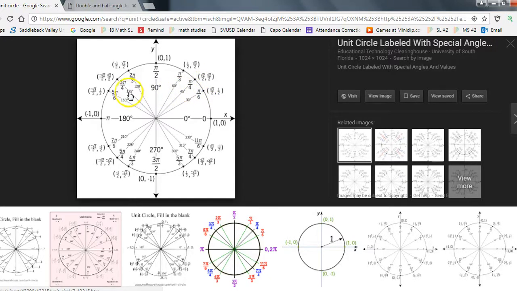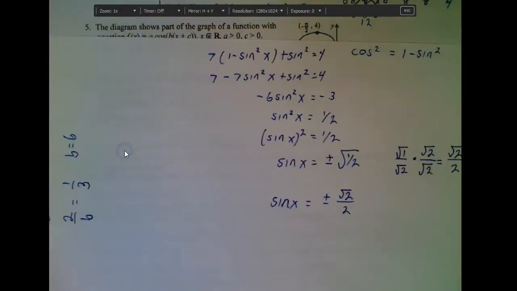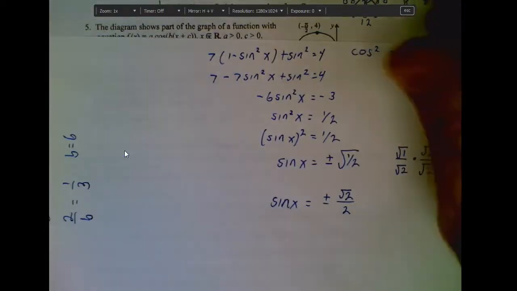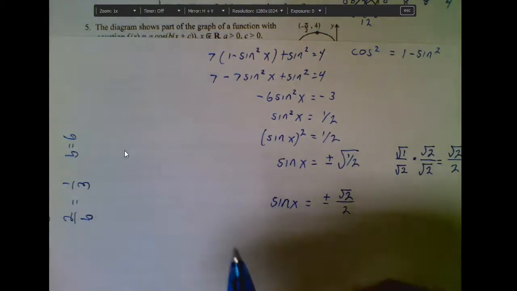If I go across at 135 degrees, and then at 225, we can keep those. And as I go right here at 315, we have another winner. So those 4 solutions would make it onto my list, because all 4 of those fit within the given domain. So those are the 4 answers I would list.